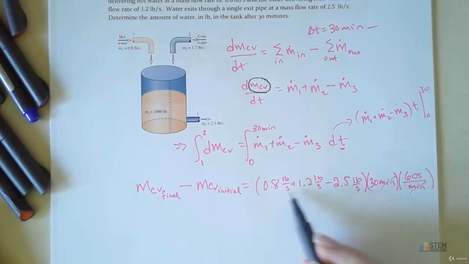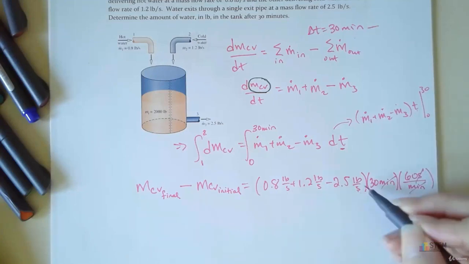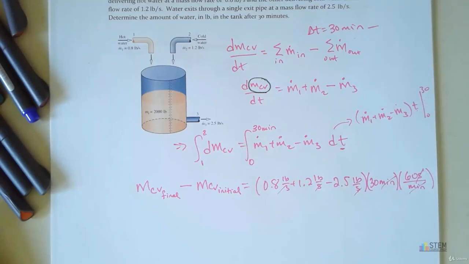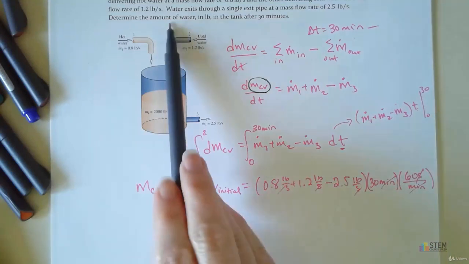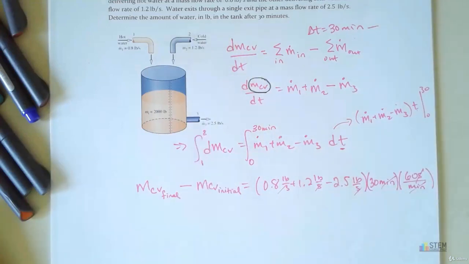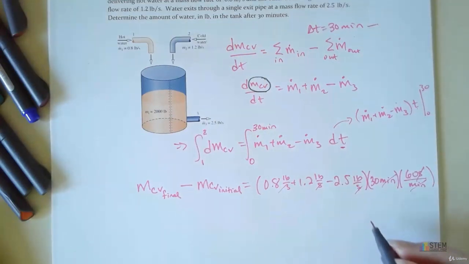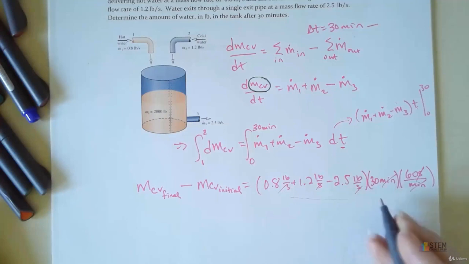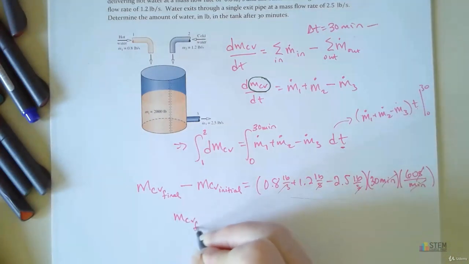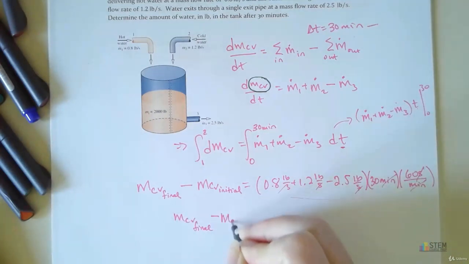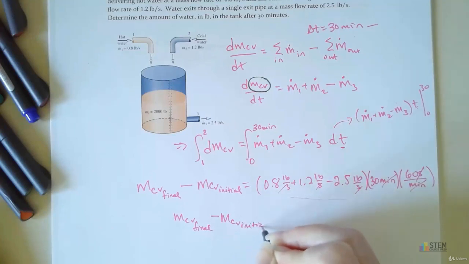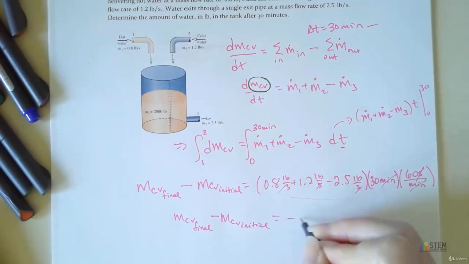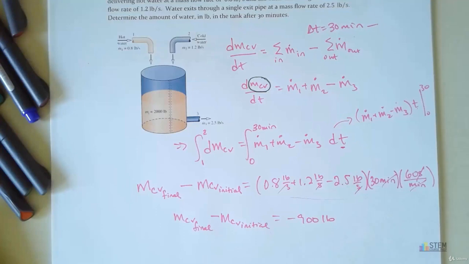And now these all have seconds in the denominator, so this seconds cancels all that. So now look at the units we have left. We've got pounds. That's what we wanted. We wanted the amount of water in pounds. Perfect. Let's go ahead and multiply all of this out. So we're going to have m_CV final minus m_CV initial, and then that's going to equal negative 900 pounds.